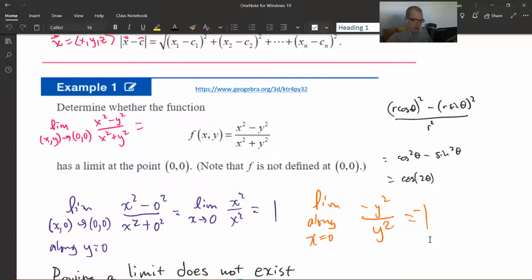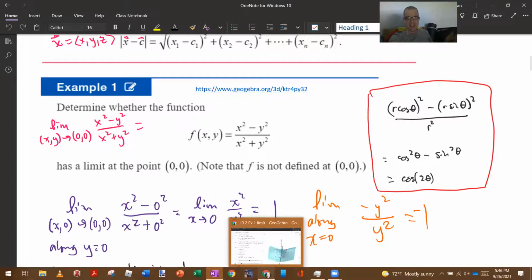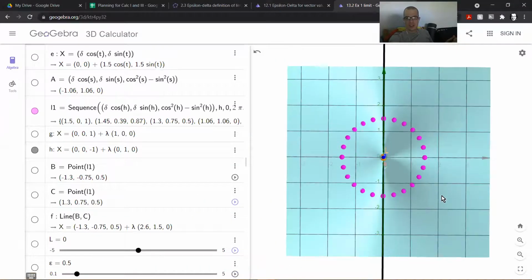One of the things that I haven't talked about yet, but is kind of fun to mention, is an alternate way to look at the limit that we just did. Noticing that as we're considering a two-dimensional domain and we're looking at this delta ball in 2 dimensions that has a radius of delta, we've got a circle.